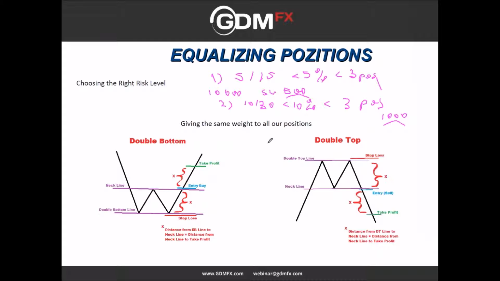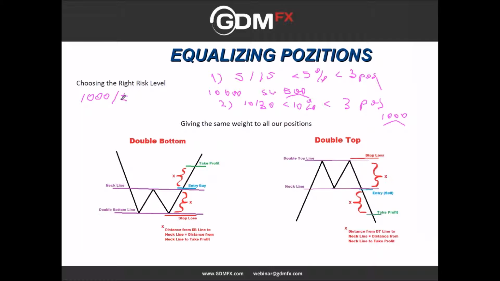Back to our example, if we have decided that $1,000 is a good risk level for us, we could equalize our positions by using the formula over here. I will just write it down. So that's 1,000. I'll be writing a little bit slower so you can, of course, read much better.